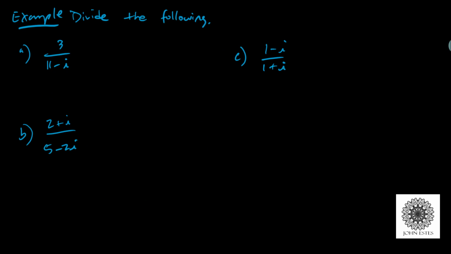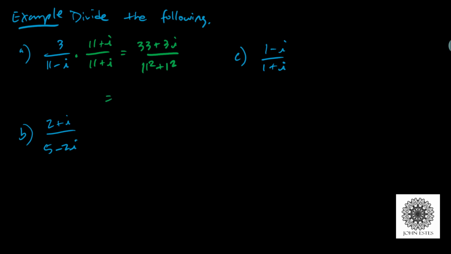Here we just have more examples of this. Part A, we have 3 over 11 minus i. I already know the trick, right? I'm going to multiply by the conjugate, 11 plus i over 11 plus i. In the numerator, I'm distributing a 3. I get 33 plus 3i. What about in the denominator? I'm going to FOIL this, but I know the trick when I multiply conjugates. It's going to be 11 squared plus 1 squared.